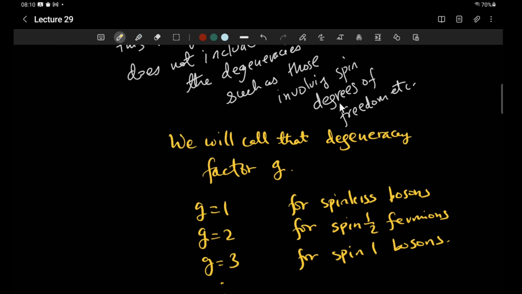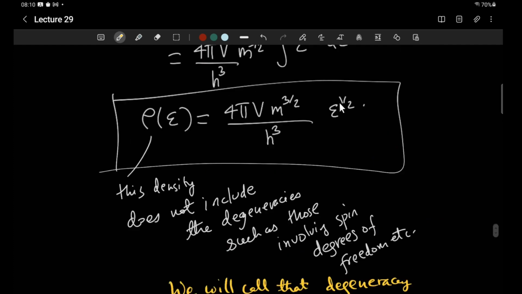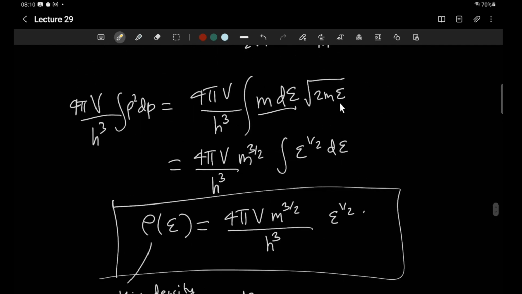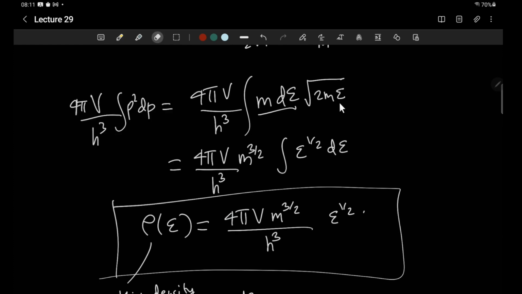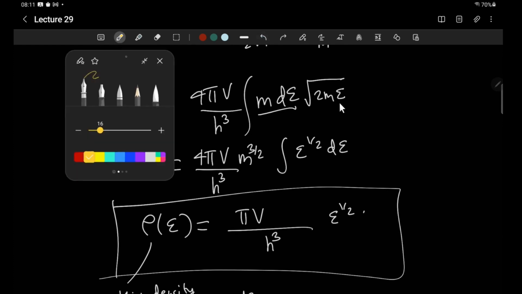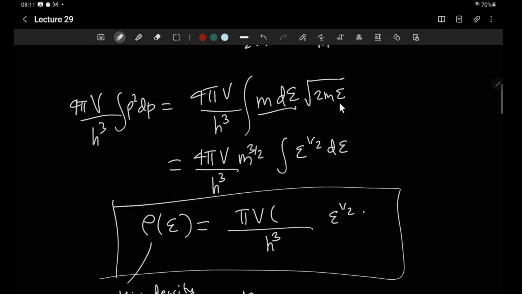Is there a root 2 missing in that expression? Yes, there's a root 2 missing. Thank you. Let's absorb this also. Is this correct?